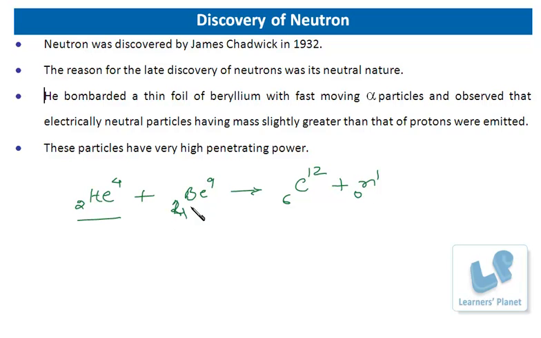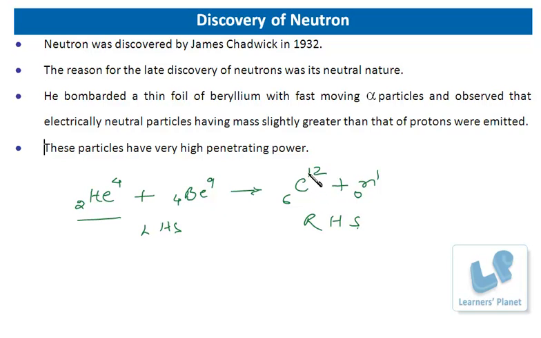So this is a reaction where an alpha particle is bombarding, and it is balanced, as the masses should be the same and the charges on the LHS and the RHS of the reaction should be the same. In this case, the total mass on the LHS is 9 plus 4, which is 13, and the atomic number, written at the bottom of the symbol, is 6.